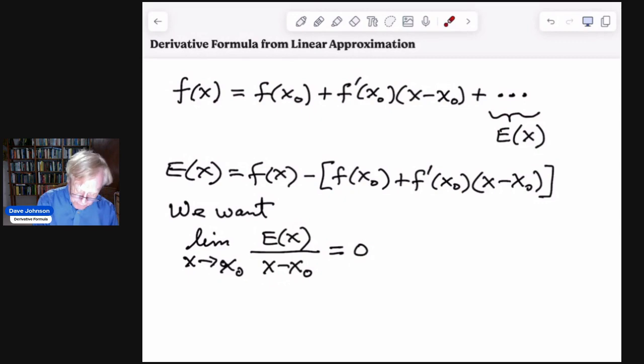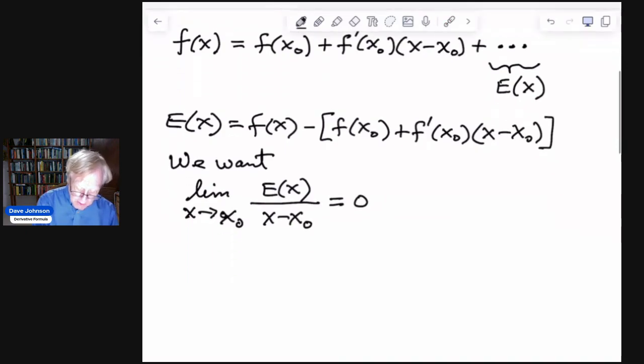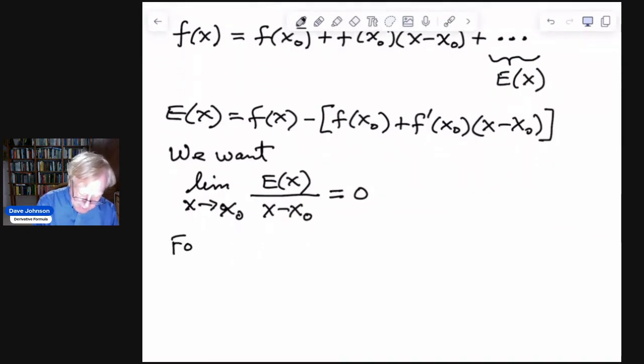And that would give us a good linear approximation. So let's assume that for small x minus x naught, e of x is going to be 0. Now, how do we make that happen?